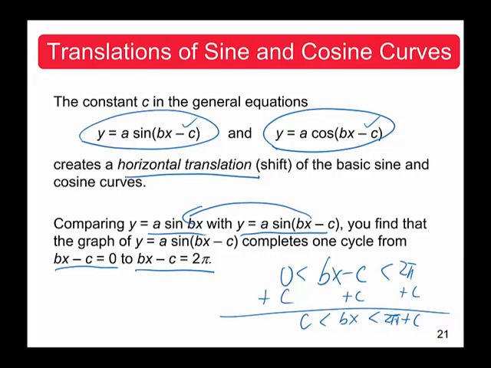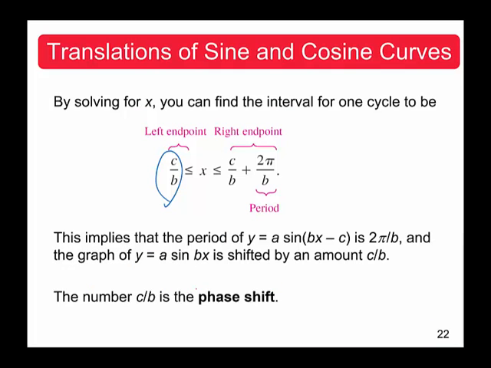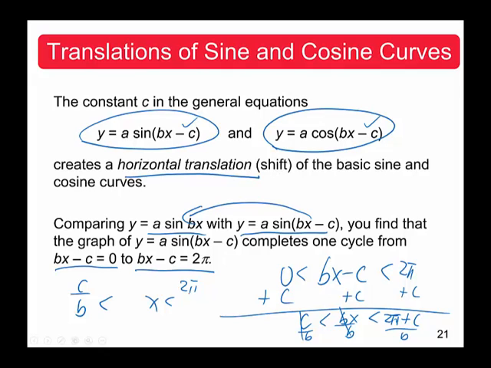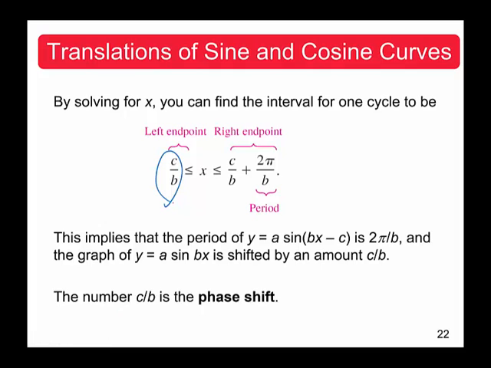And we divide everything by b. Cancel that, so x is going to be greater than c over b, less than 2 pi over b plus c over b. Okay. That's what you see on the next slide. That's why we have this right here.